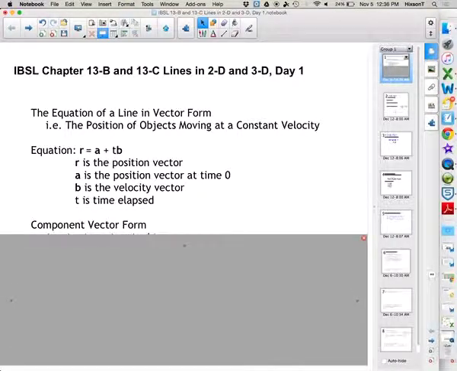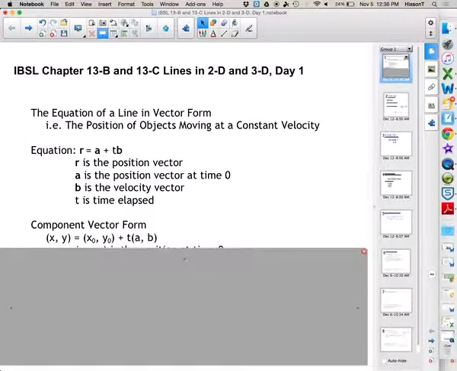Now, if we were to write this out in component vectors, rather than using R, A, and B, we could write it this way.